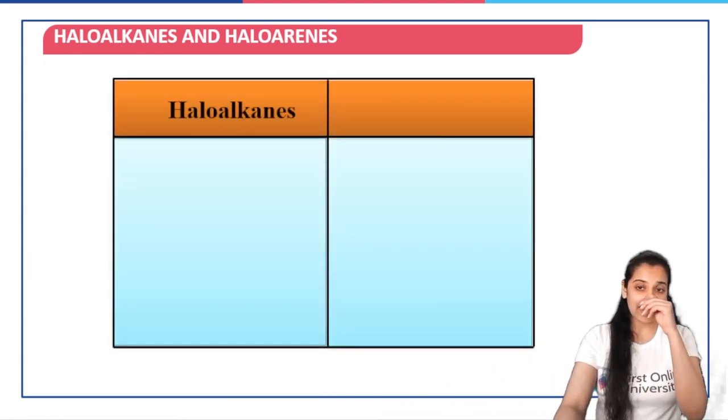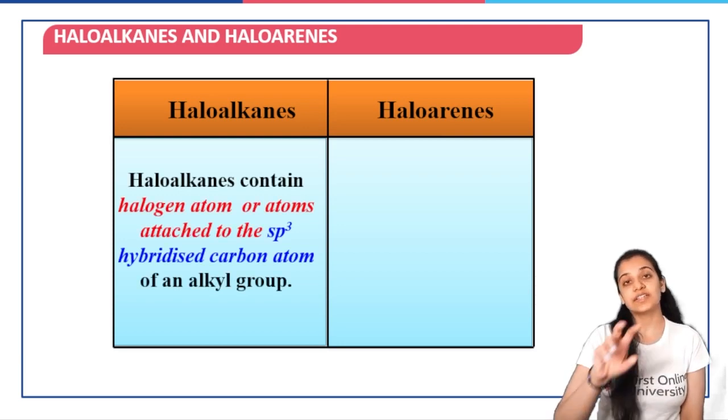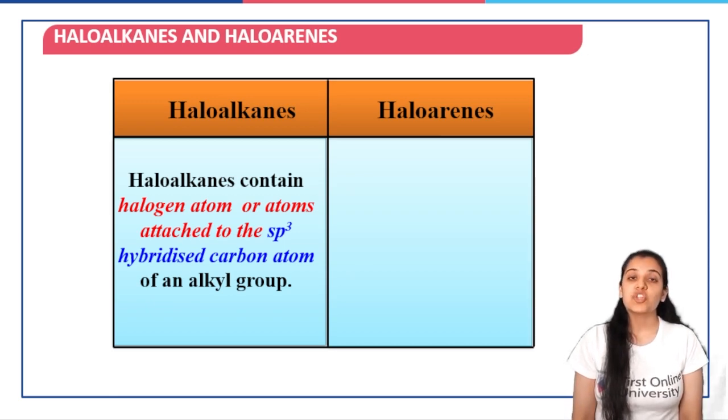Now, if we look at the difference between haloalkanes and haloarenes, haloalkanes contain the halogen atom or atoms attached to the R group, which is the sp3 hybridized carbon atom of the alkyl group.